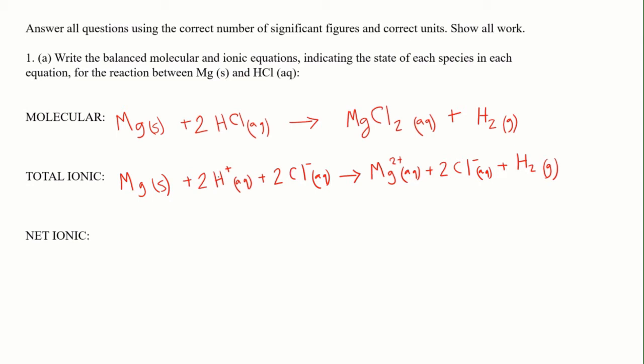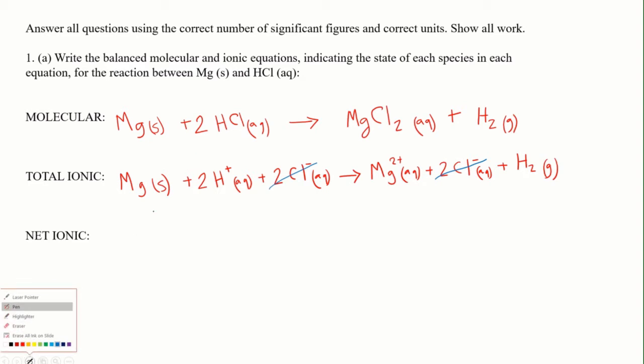Hydrogen also is not, because it exists as ions in the reactant, but as a diatomic molecule in the product. The only spectator ion that we have is chloride. I have 2 chlorides on the reactant side, as well as 2 chlorides on the product side. So they cancel out.